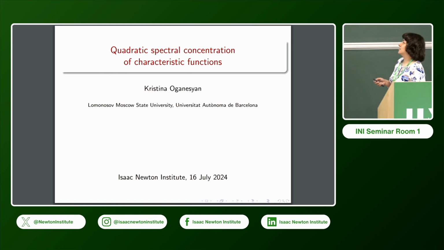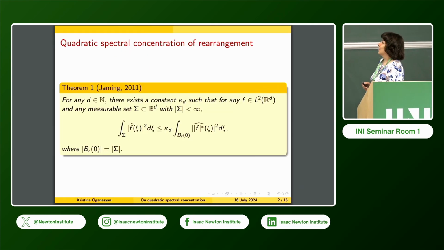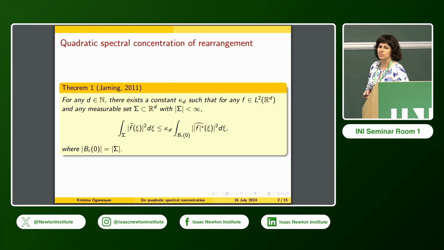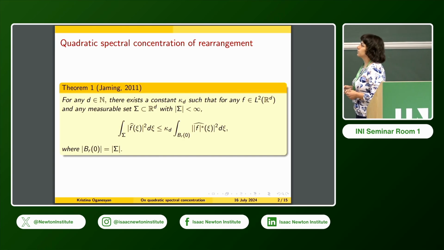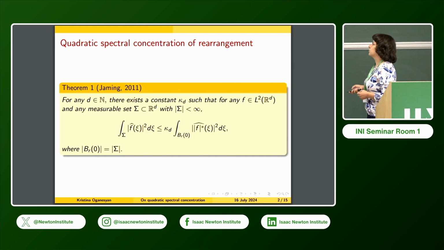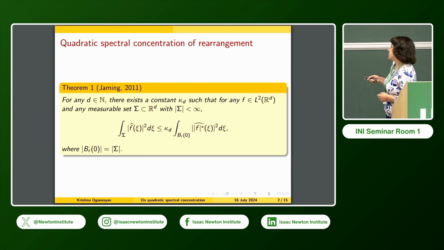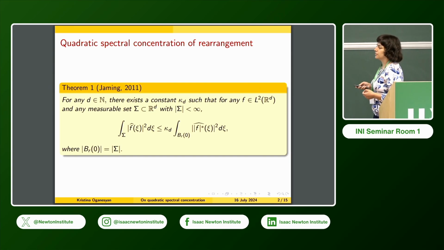Let us start with the following result by Philip Jaming that says that if we have a square integrable function in R^d and we want to compute the integral of the square of its Fourier transform on some measurable set, then this integral will be less than or equal to the corresponding integral for its decreasing rearrangement on the ball centered at the origin, having the same measure as your initial set.